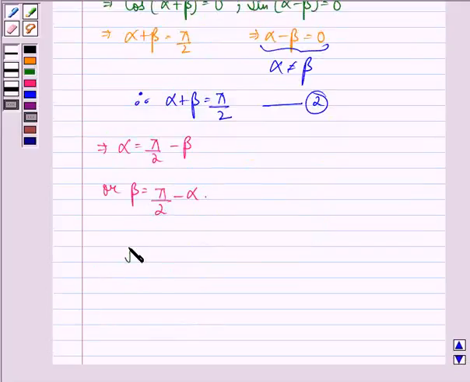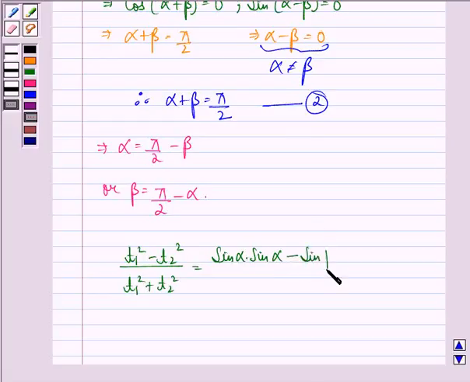Now, (t1 square minus t2 square) divided by (t1 square plus t2 square) is equal to sine alpha into sine alpha, that is sine square alpha, minus sine beta into sine beta, that is sine square beta, divided by sine alpha into sine alpha plus sine beta into sine beta.